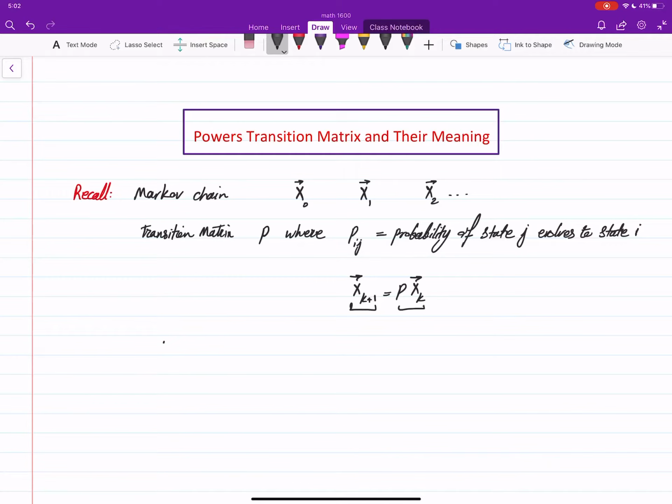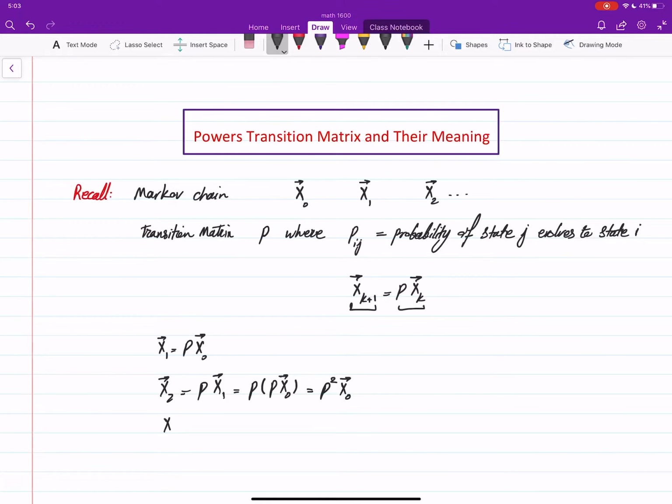In other words, x1 is equal to P times the initial state. Then x2 is equal to P x1. But if you look at this, x1 itself is P x0. And this is P squared times x0.